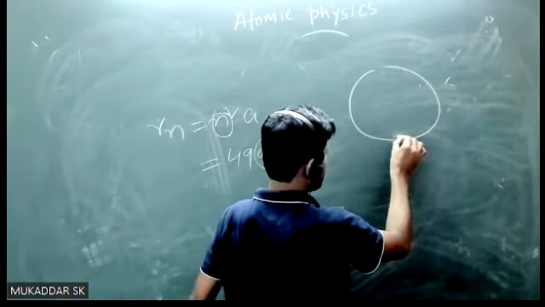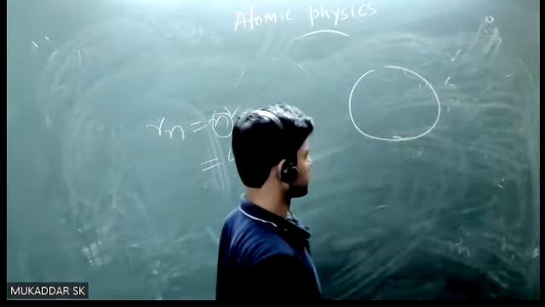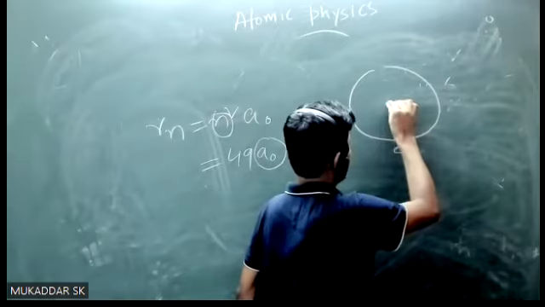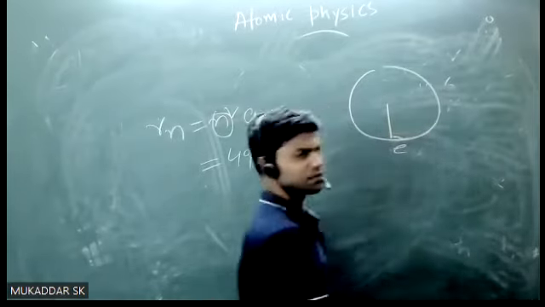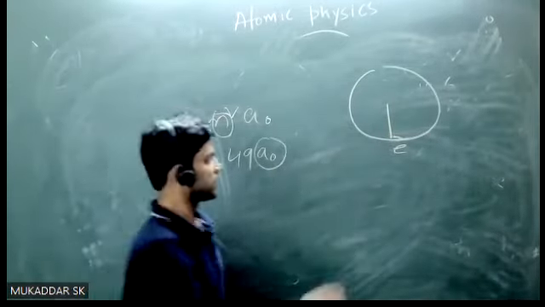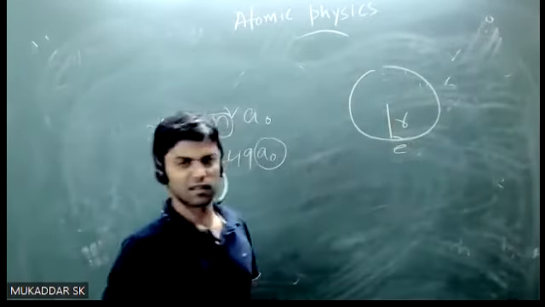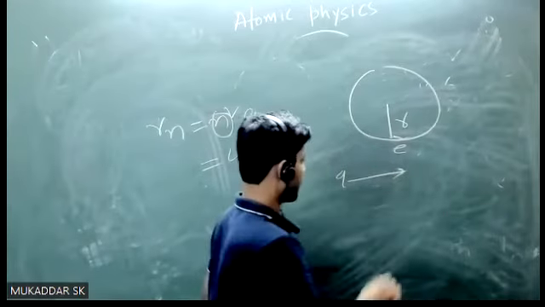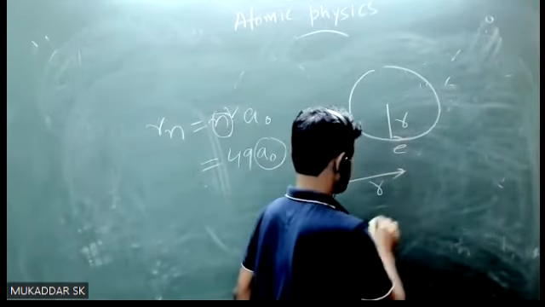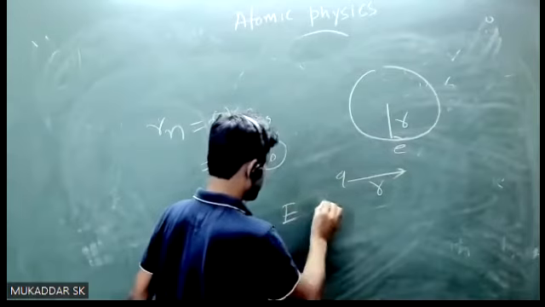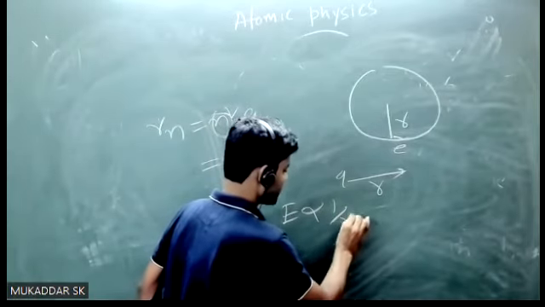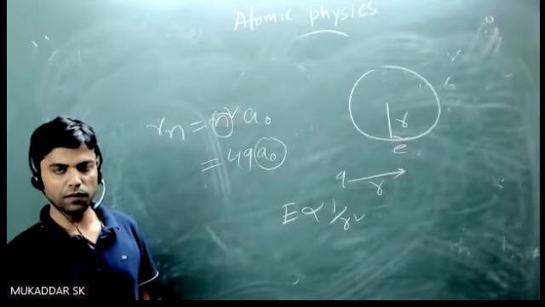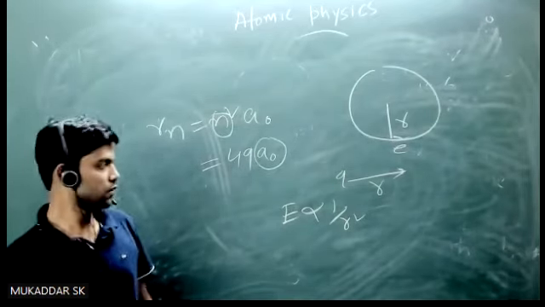Suppose you have a charge here, and at R distance the electric field will vary like 1 by R square.